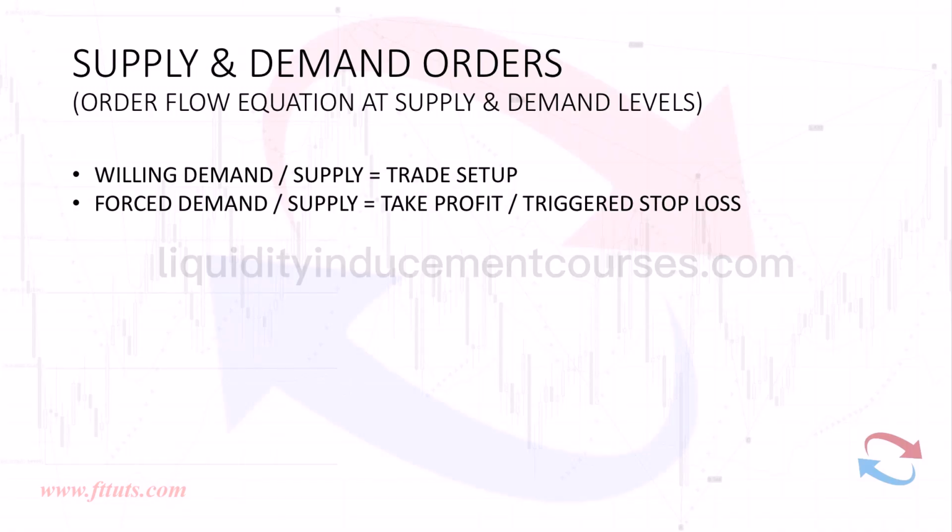So let me draw a little example, right? So let's say for example you've got a move down, right? And let's say to the left of the chart, this was the only level of real supply. There were no levels of other support and resistance or supply and demand, right?